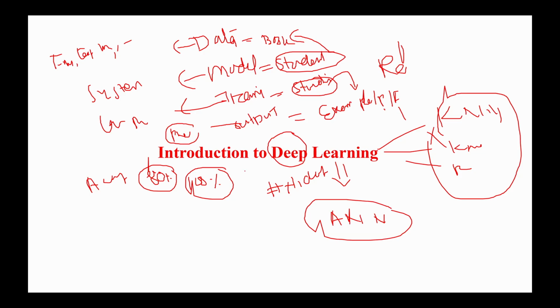Suppose I have one problem, that model may not fit your problem. The deep learning model varies from problem to problem. It depends on what exactly you want to do. As per your problem specification, you have to develop a deep learning model. So this is the overall concept.